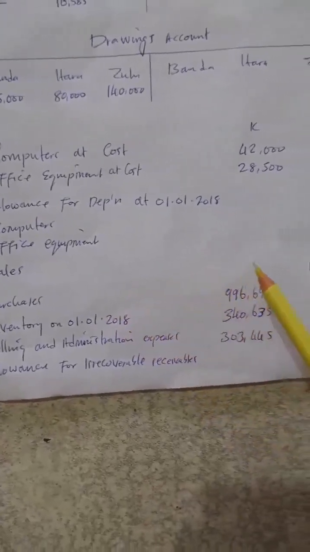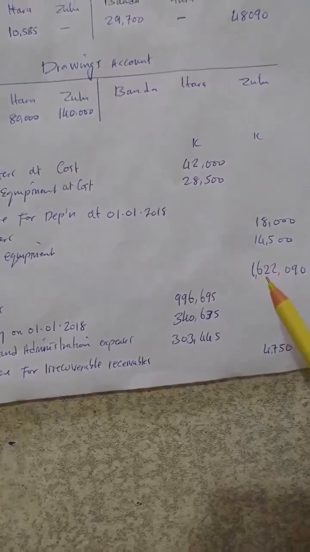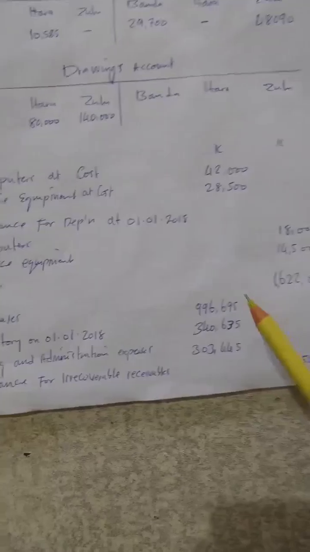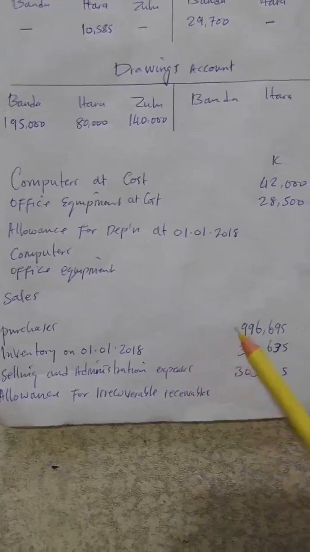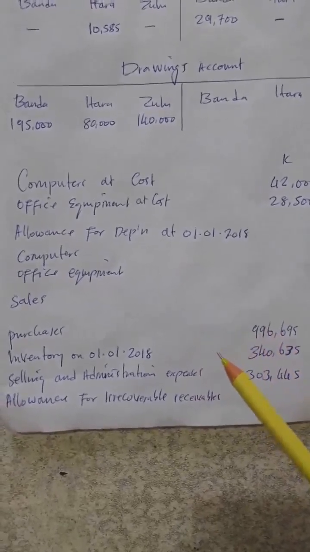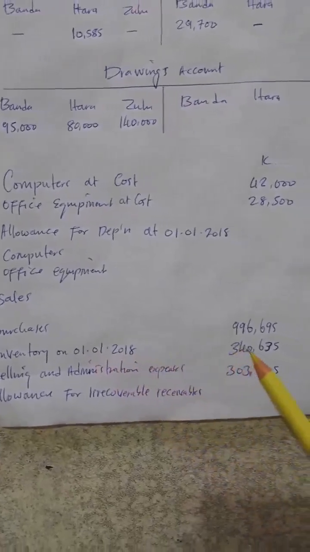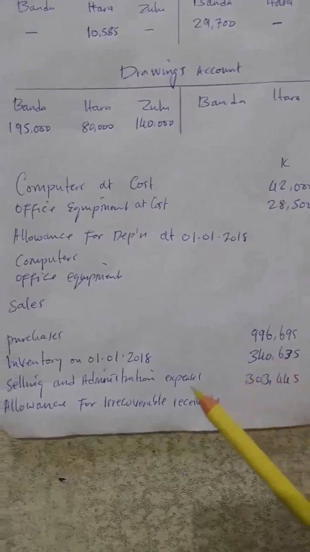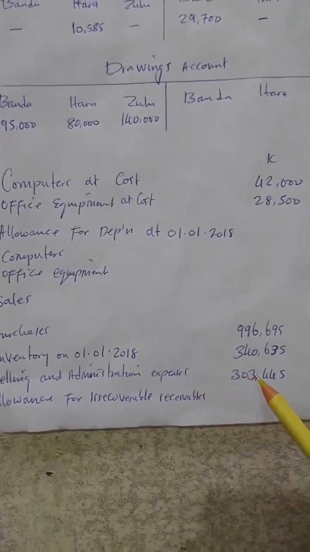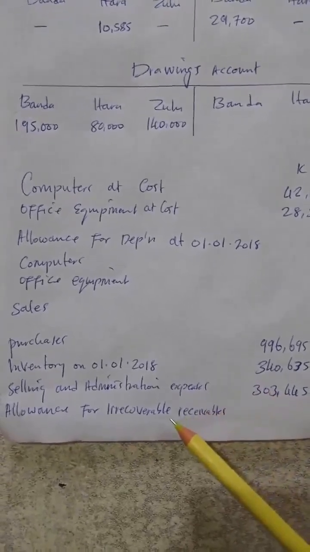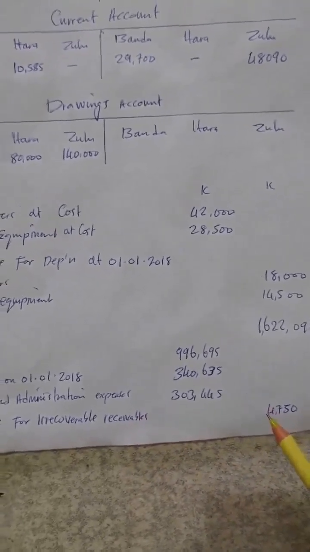The sales value is 1,622,090 kwacha. And then purchases, that's the amount, and opening inventory on 1 January 2018, 340,635. Selling and administration expenses, this is the amount, and the allowance for recoverable receivables coming to 4750.